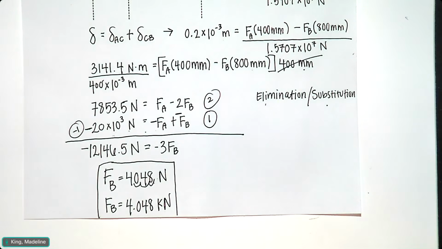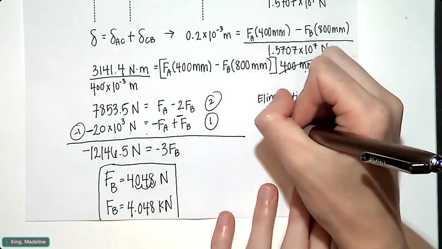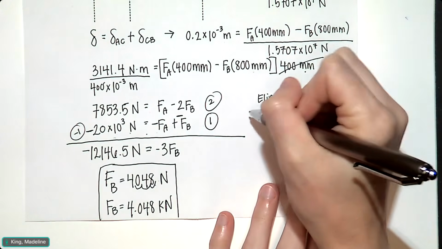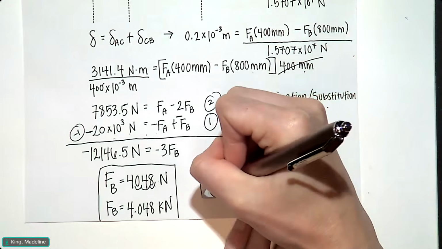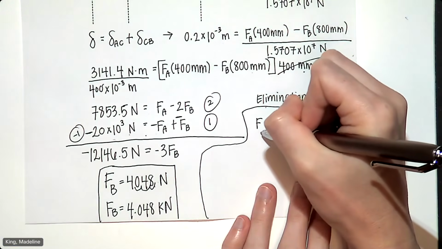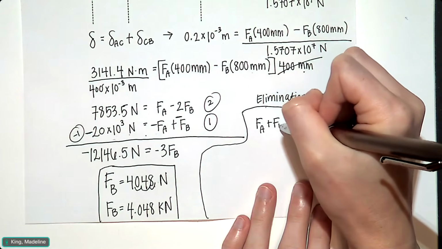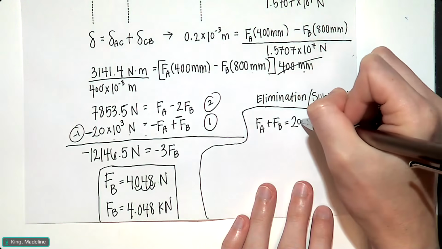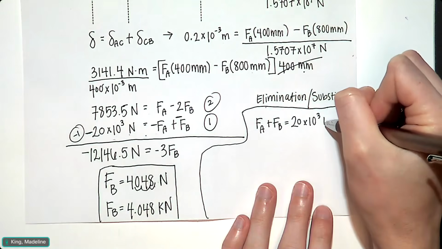So I'm just going to reuse equation 1 again. Equation 1 was FA plus FB is equal to 20 times 10 to the third newtons.